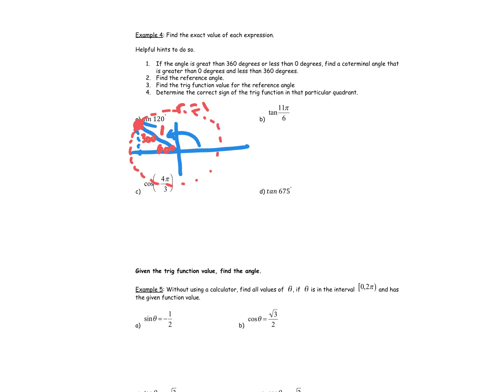Opposite 30 is a half. Opposite 60 is root 3 over 2. But I can't just write a half. I'm in quadrant 2, so the x value should be negative. So that's why it's going to be negative 1/2. So the coordinate of this point is negative 1/2, positive root 3 over 2.